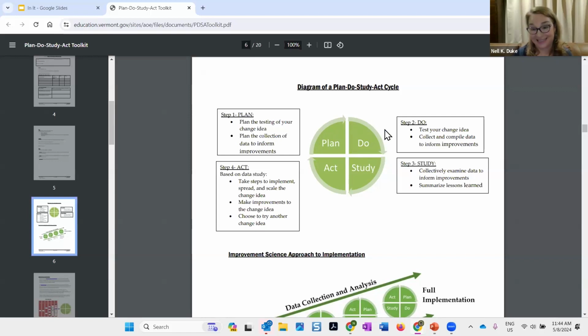Then you test the change idea. You collect data that will help you understand how that change idea was implemented and the impact it had. And then you make a series of decisions really based on that data that then lead you back to plan.